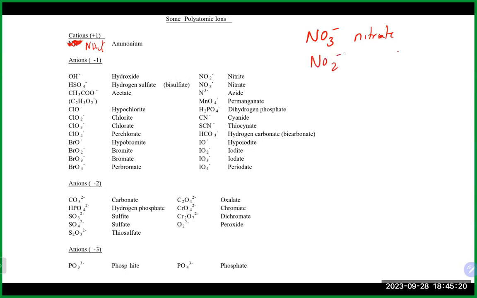NO2 minus is nitrite, ITE. SO4 2 minus is sulfate, ATE. SO3 2 minus is sulfite.